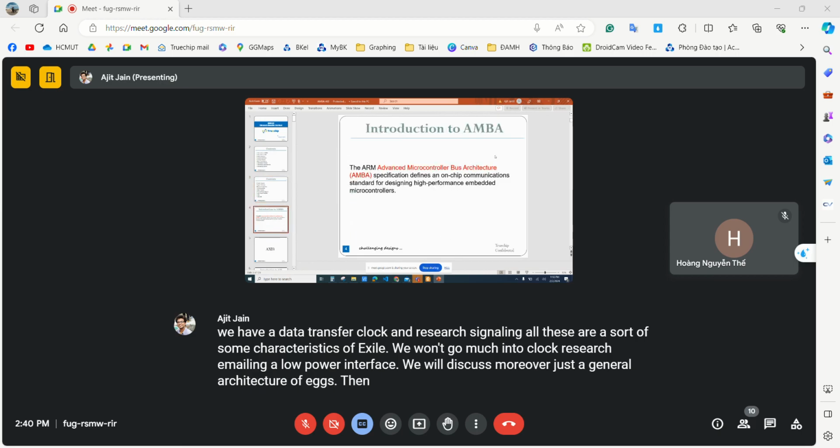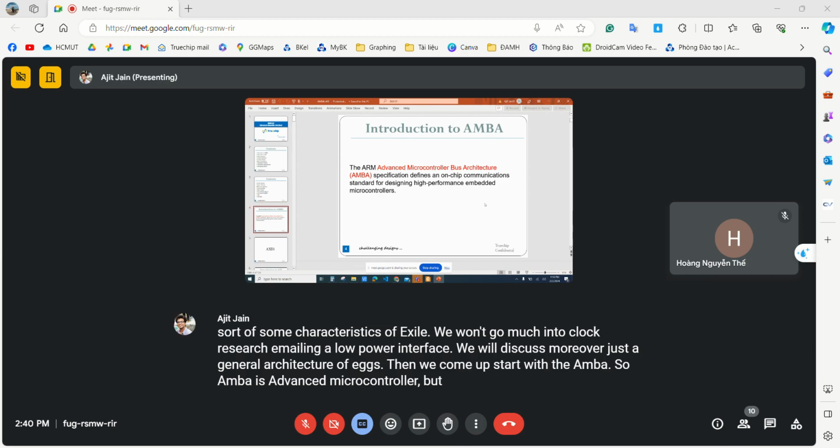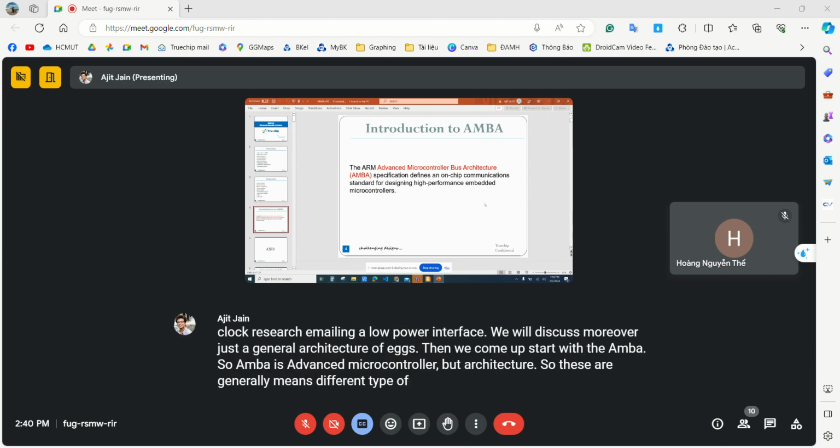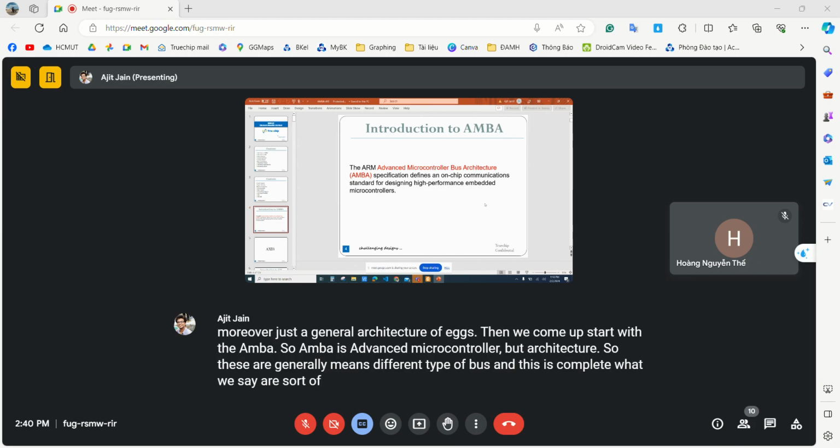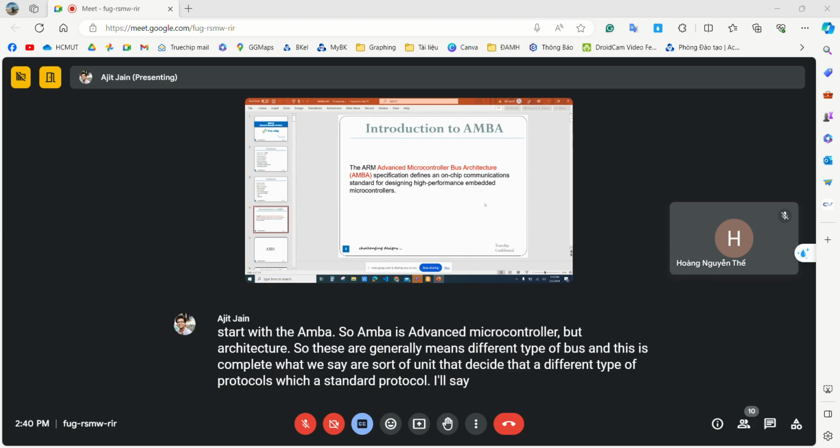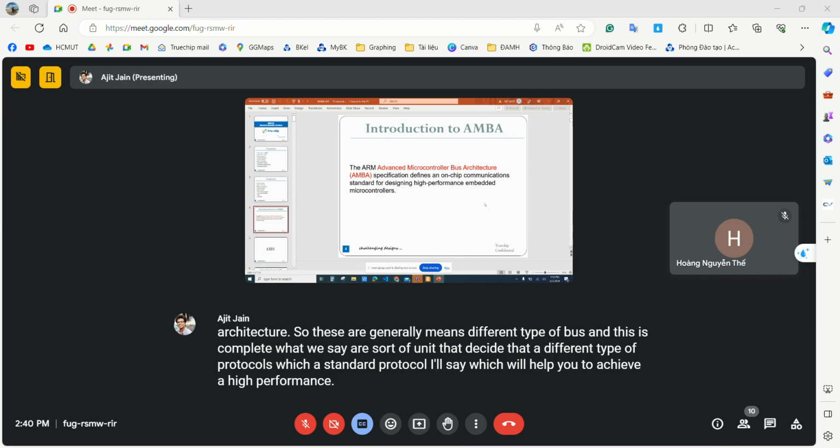Then we start with AMBA. AMBA is the Advanced Microcontroller Bus Architecture. These are different types of buses, and this is a complete unit of standard protocols that help you achieve high performance transactions in different types of chips.